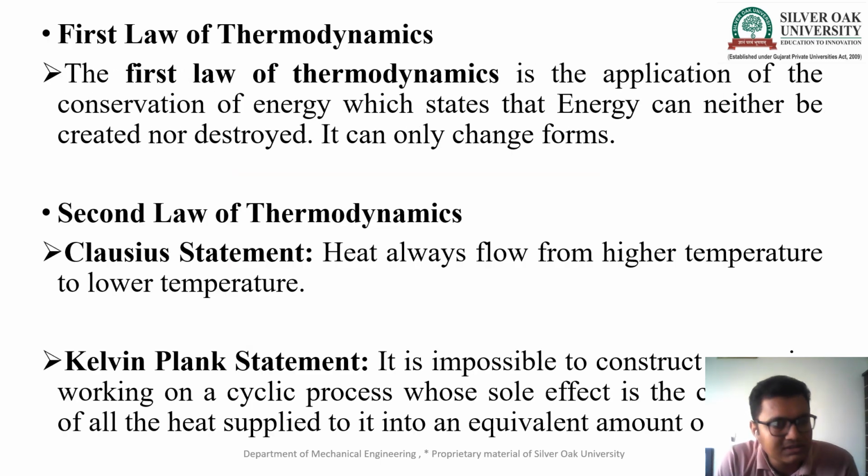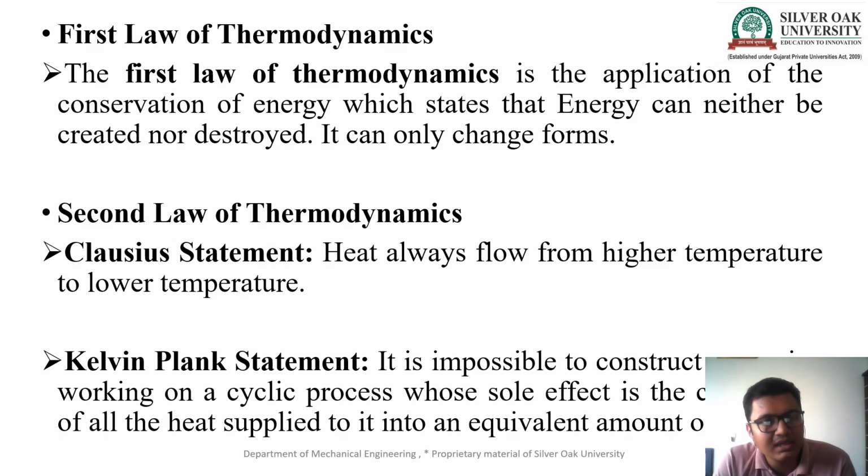Now we discuss the first law of thermodynamics. The first law of thermodynamics is very well known. Energy can neither be created nor be destroyed. It converts from one form to another form. Let's take one practical example. If I switch on the fan, what happens? The electric energy goes to the fan, the fan rotates and gives wind energy.